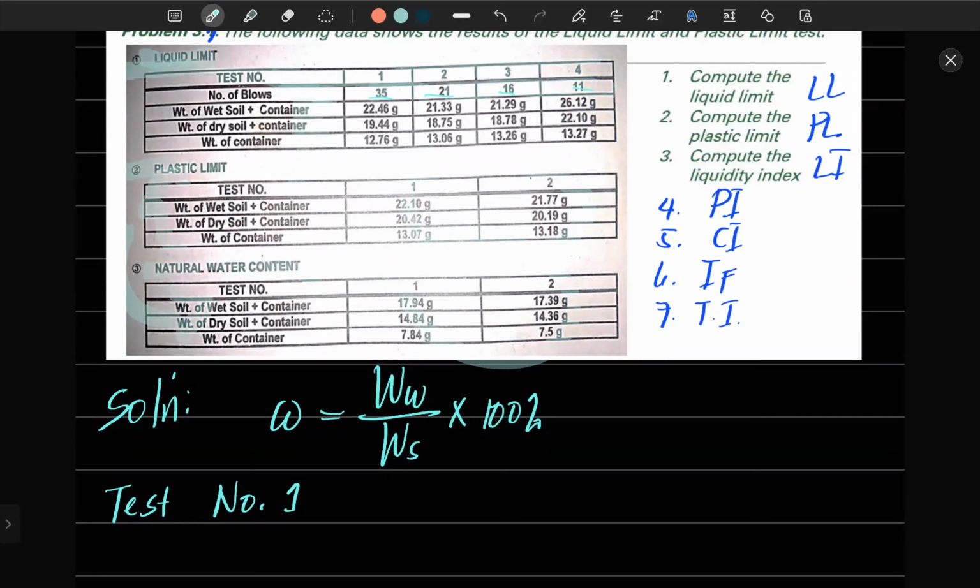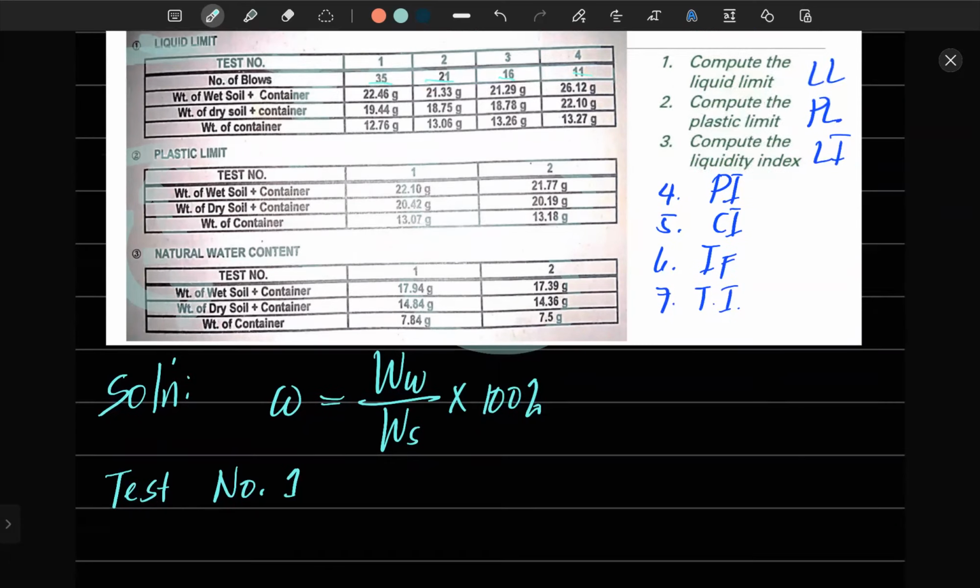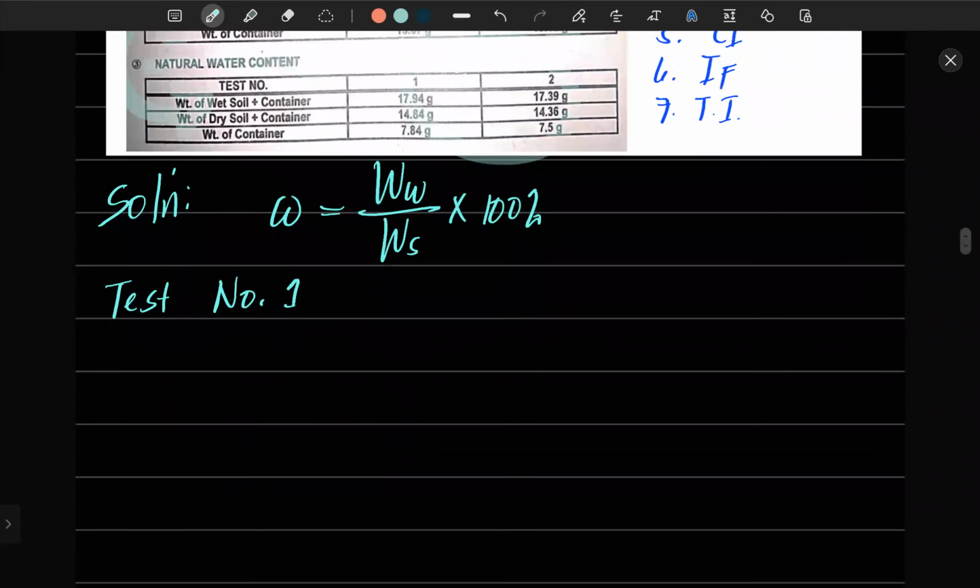So for test number one, what we're going to get first is the weight of the water, the weight of the dry soil, and the moisture content in terms of percent. The weights are in terms of grams.